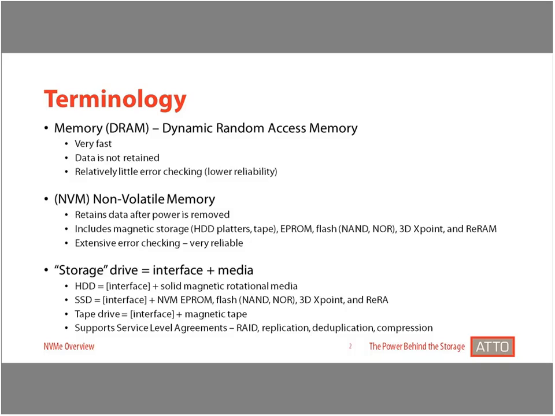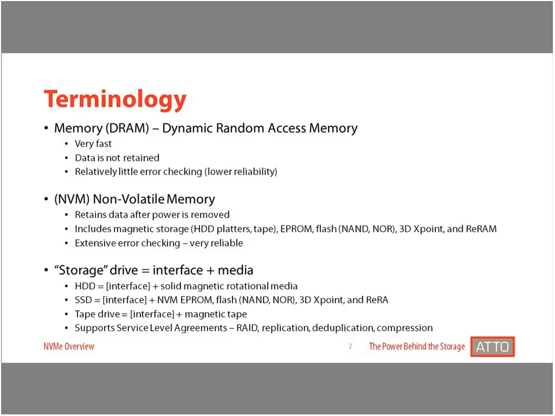Then there's NVM, or non-volatile memory, and this differs from DRAM in that it retains the data after the power is removed. It includes magnetic storage, such as hard disk drive platters, tape, EEPROM flash, 3D XPoint, and ReRAM. It does provide extensive error checking and is very reliable.